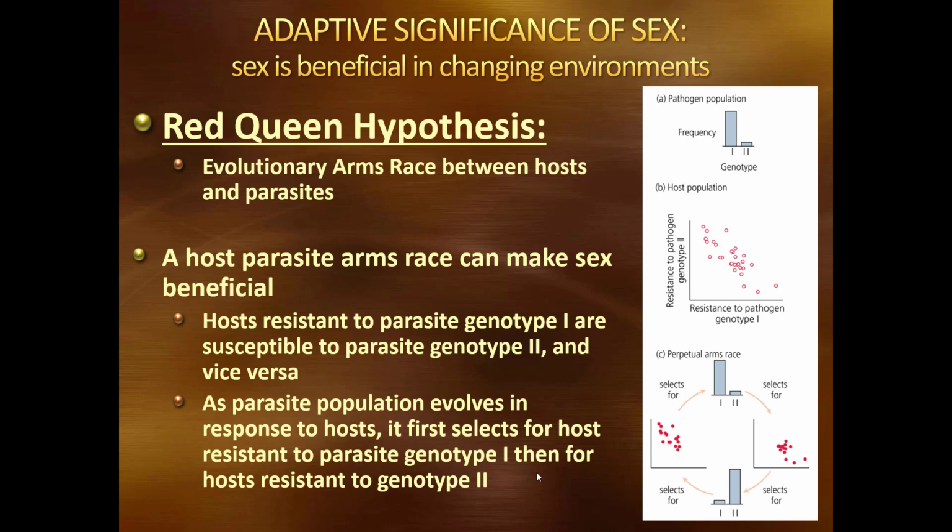So what this is doing is basically placing this host-parasite relationship at a very prominent place in evolutionary history, because it's saying that it is likely that sexual reproduction evolved as a response to hosts and parasites dealing with one another.